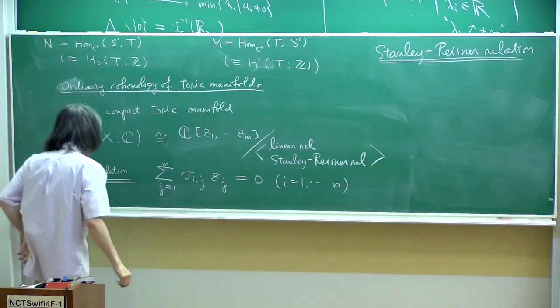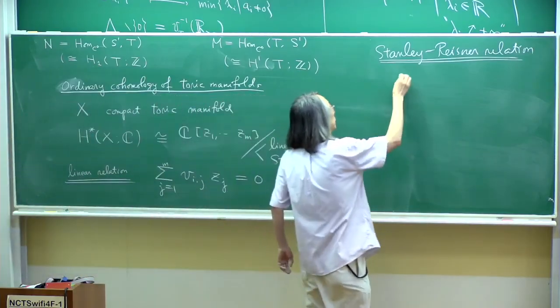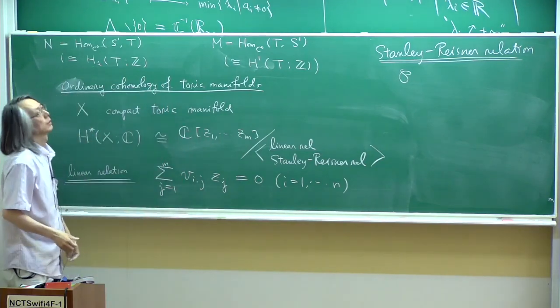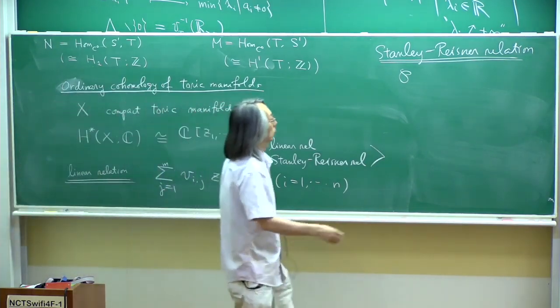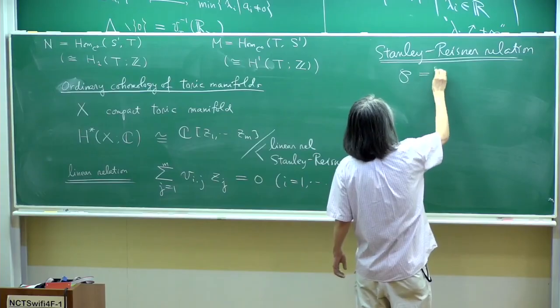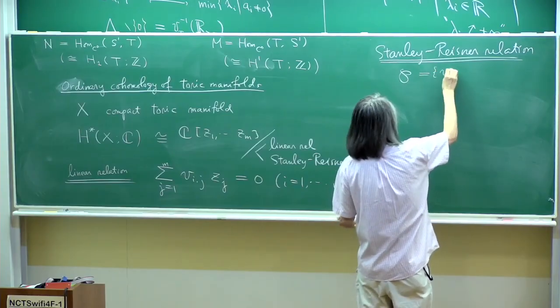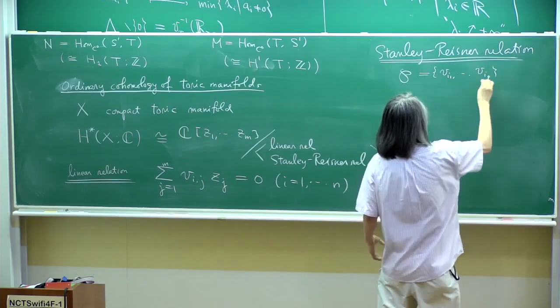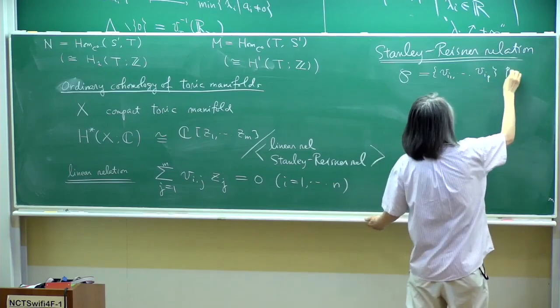So people say this P is a so-called primitive collection. So maybe this one is actually from this vi1 to vip. This is a primitive collection.